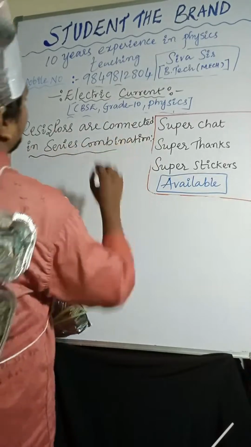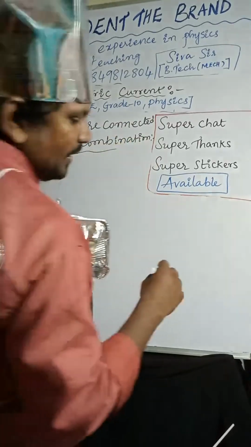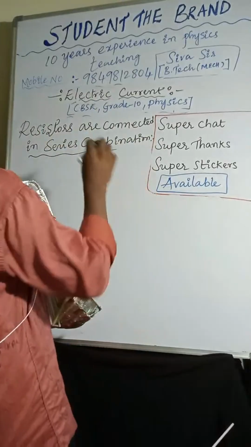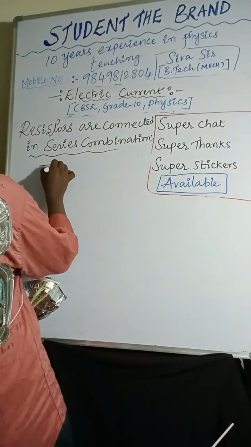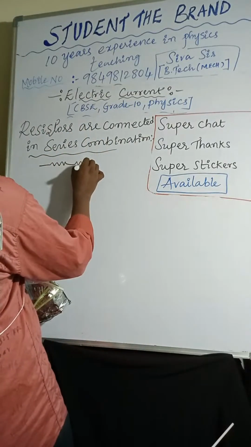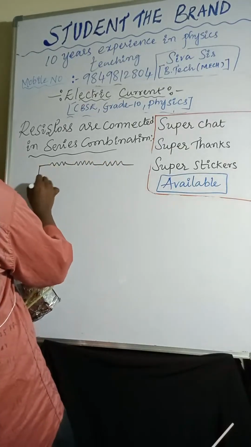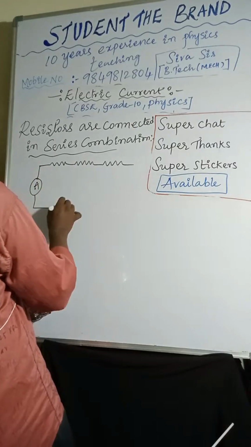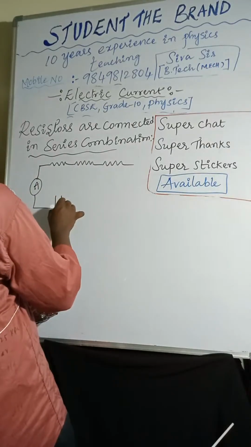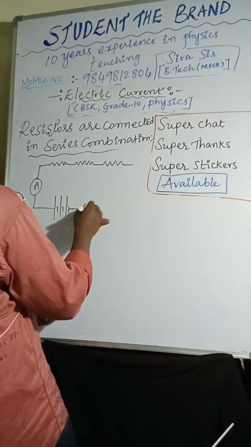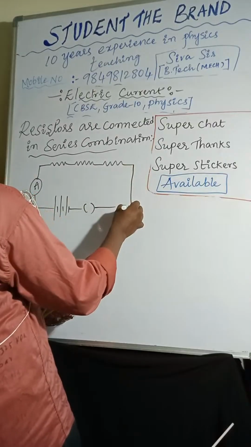So now you can see here, I am taking 3 resistors: 1, 2, 3. So ammeter, battery, switch.